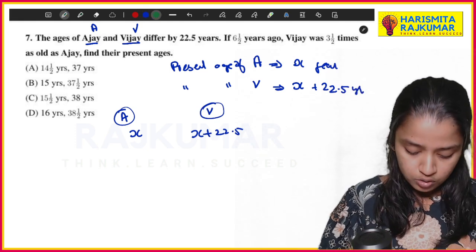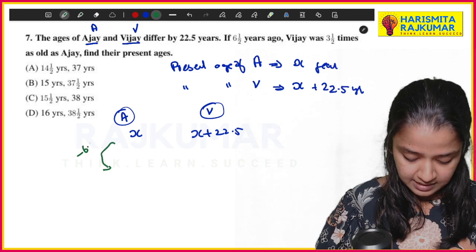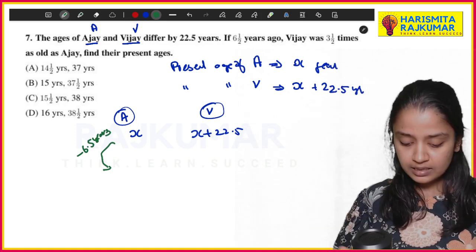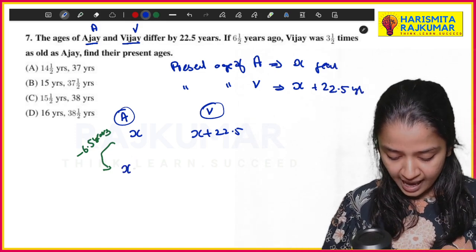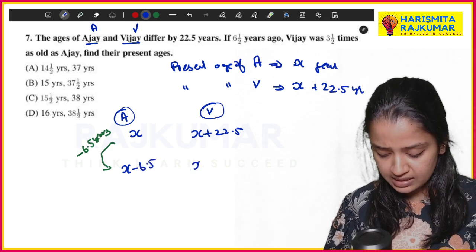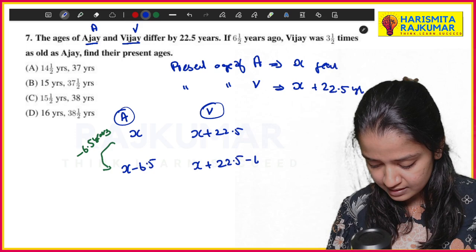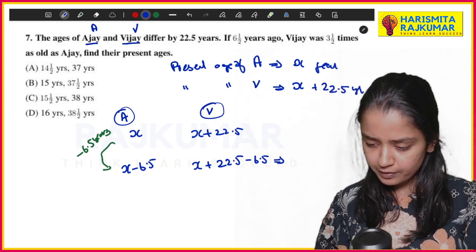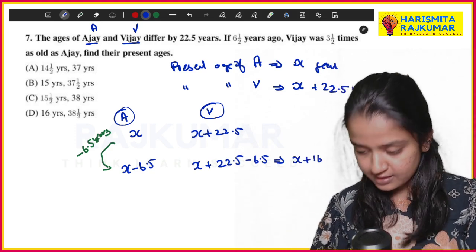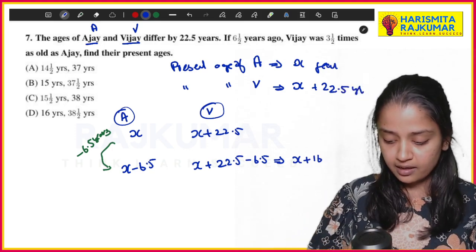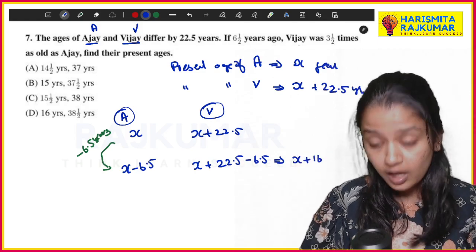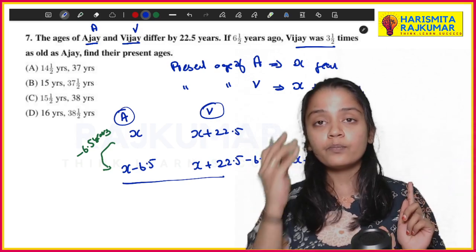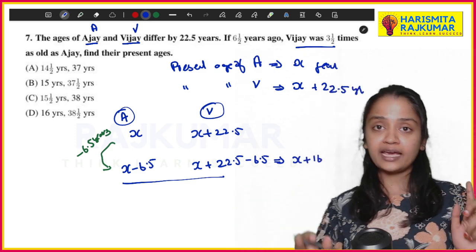6.5 years ago means minus 6.5 years, the past tense, right? So 6.5 years ago, Ajay's age is X minus 6.5, and Vijay's age is X plus 22.5 minus 6.5, which simplifies to X plus 16. At that time, Vijay's age was 3.5 times Ajay's age.